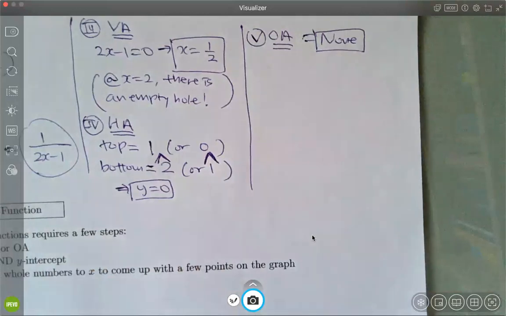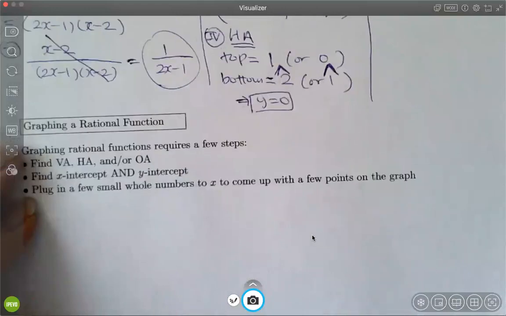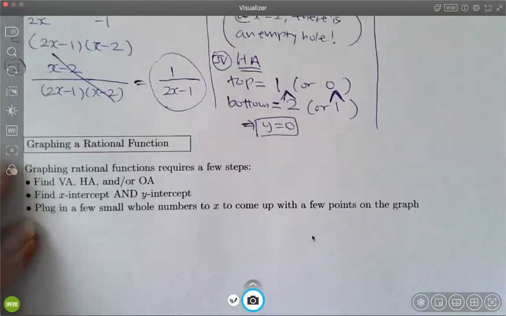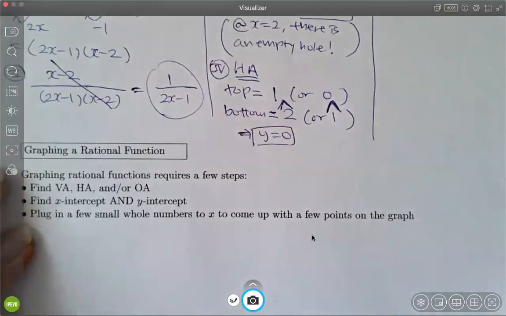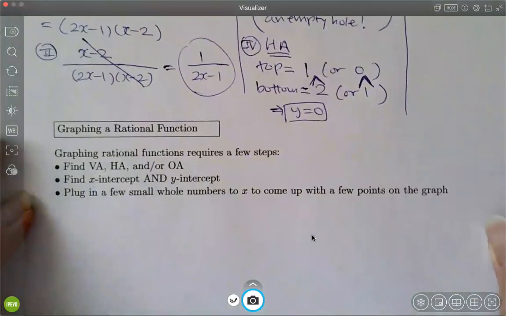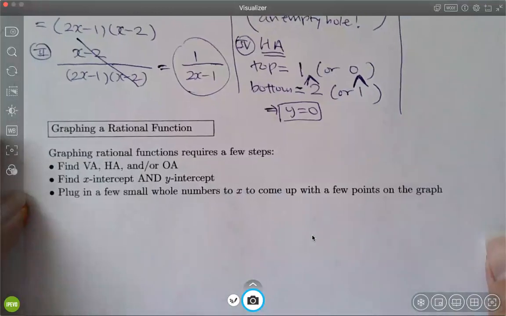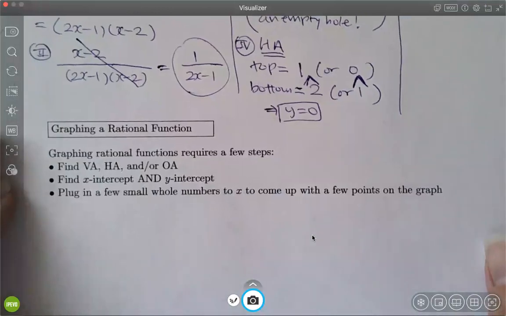So now the last thing that we will do in the section is graphing a rational function. Graphing rational functions can be scary, but we have a few ingredients which will make our lives a little bit easier.